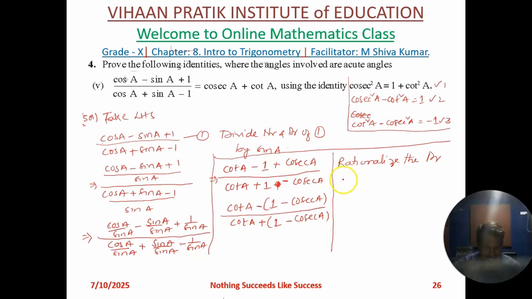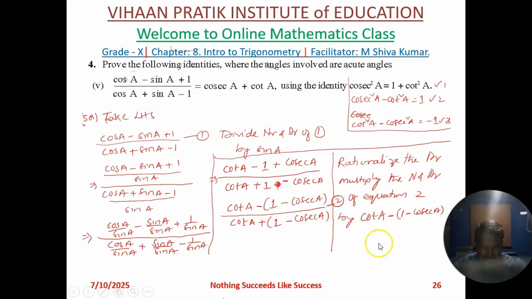Rationalizing the denominator means we multiply the numerator and denominator of equation 2 by cot A minus 1 minus cosecant A. Okay, we need to multiply it. Now we'll do it on the next page.